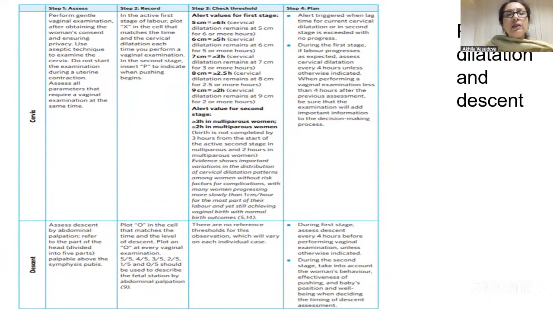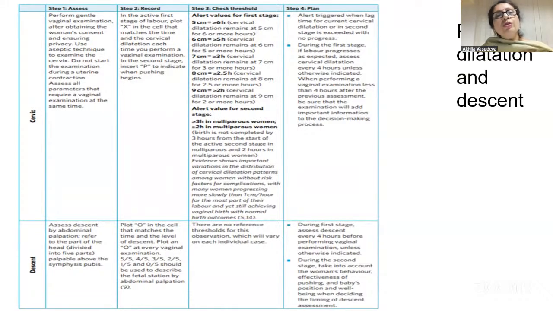But still, the upper limit of normalcy, according to this retrospective study, was 6 hours at 5 centimeters, 5 hours at 6 centimeters, 3 hours in 7 centimeters, 2.5 hours in 8 centimeters, 2 hours in 9 centimeters. This is really much, much more than what allowance we give in clinical practice.